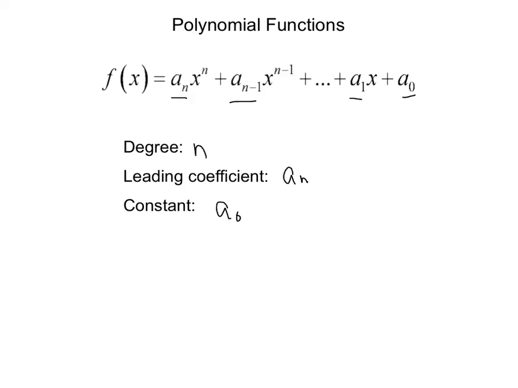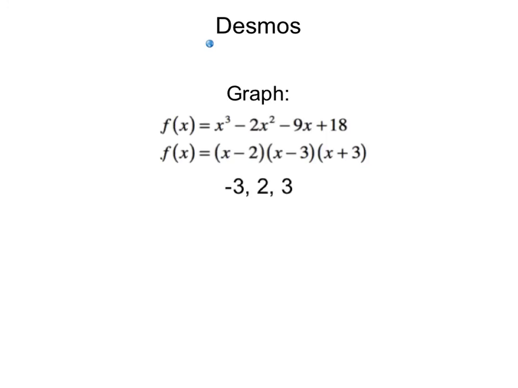Polynomials, we learned about those. Our standard form is listing it in order of decreasing exponents. The degree is the highest exponent, and the leading coefficient is the number in front of the variable with the highest exponent. The constant is the value with no x.